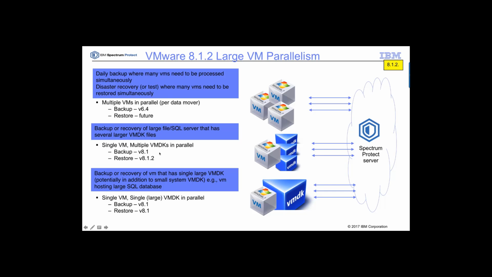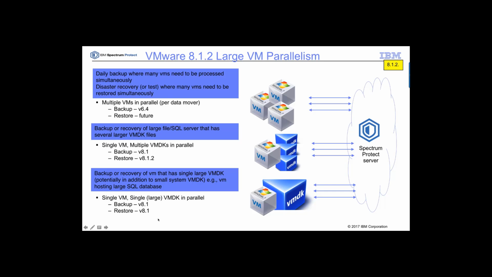In version 8.1, we added backup support for a single VM with multiple VMDKs in parallel, and we also added multiple thread support for a single VM with a single large VMDK in parallel. Now, as far as restore goes, that's something that we've been adding as we go along.